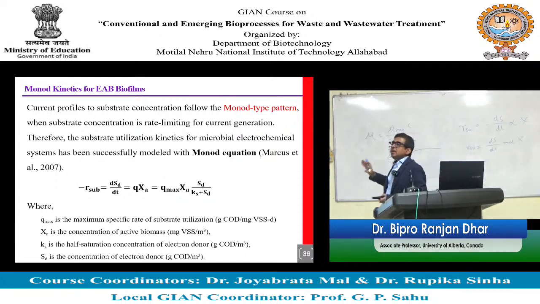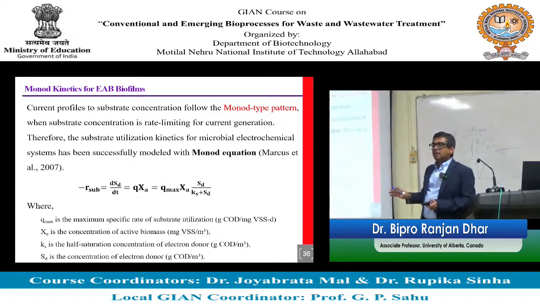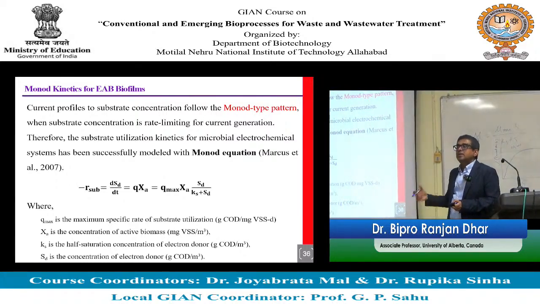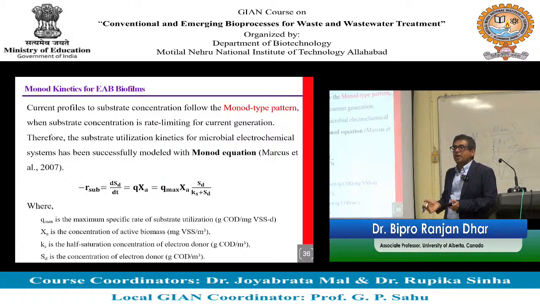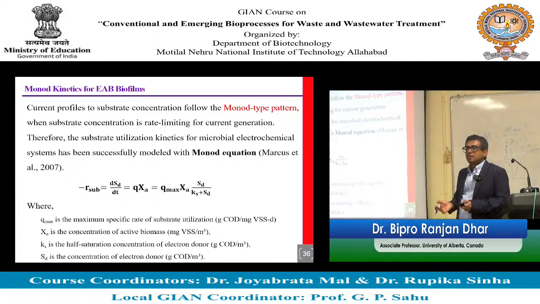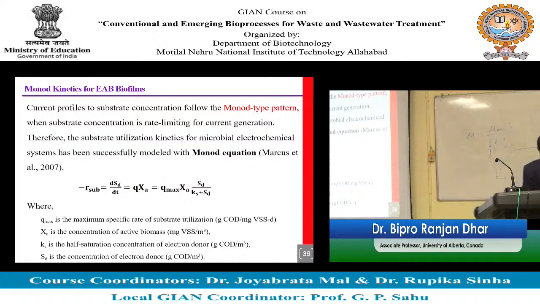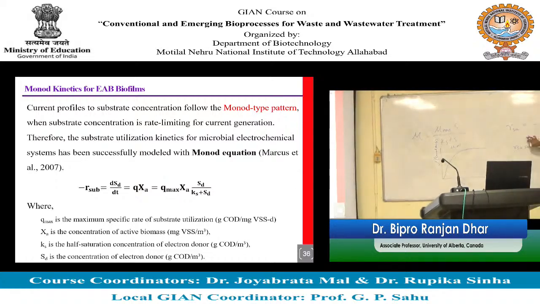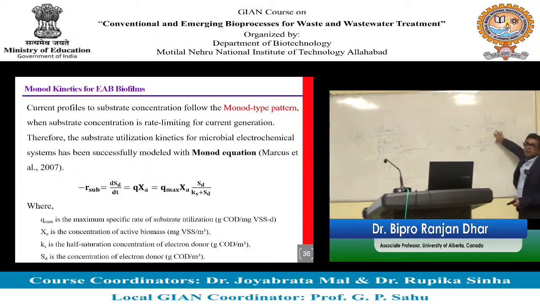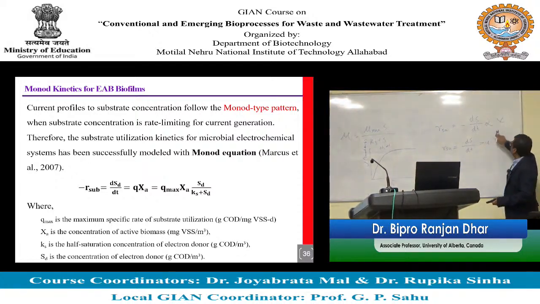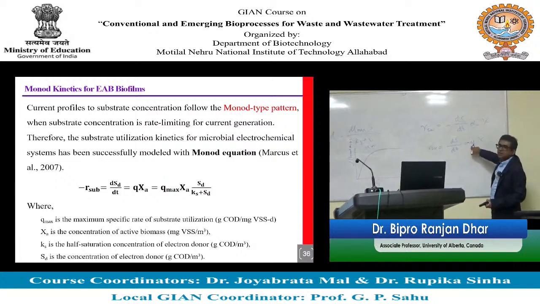So substrate utilization rate depends on, it's proportional to the concentration of biomass, right? So dS by dt, the change in substrate utilization rate, is proportional to X, and we can put a proportionality constant, which is mu.